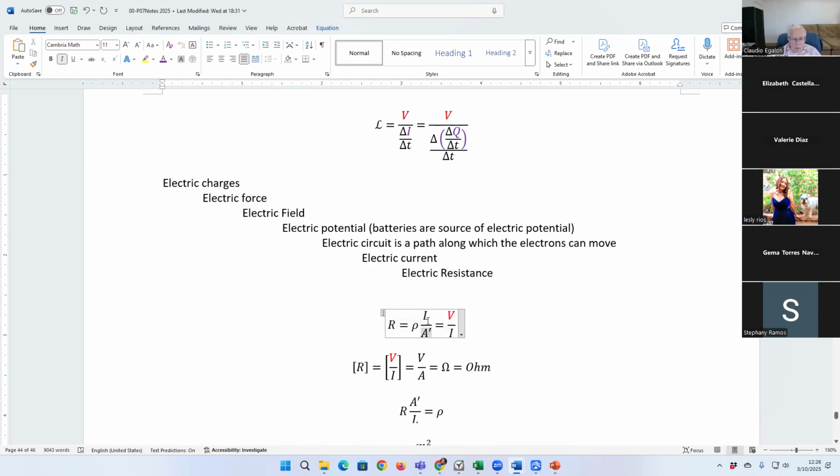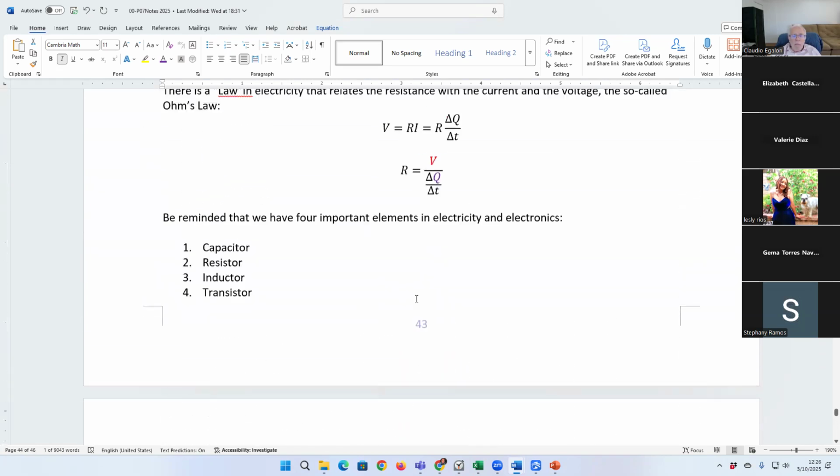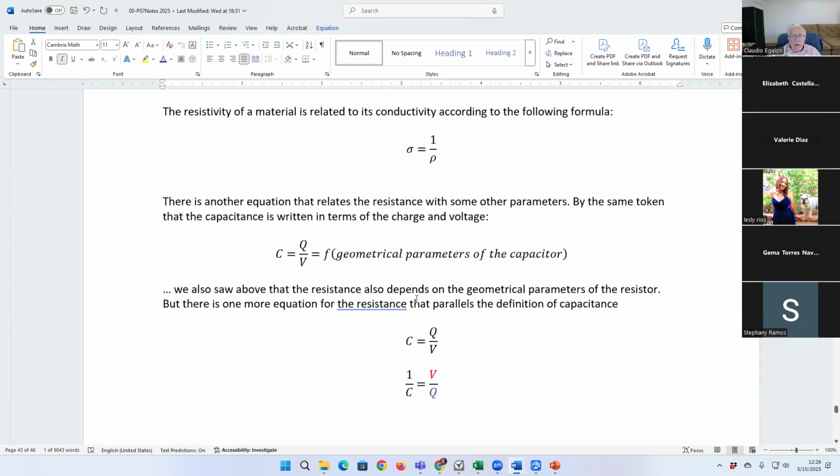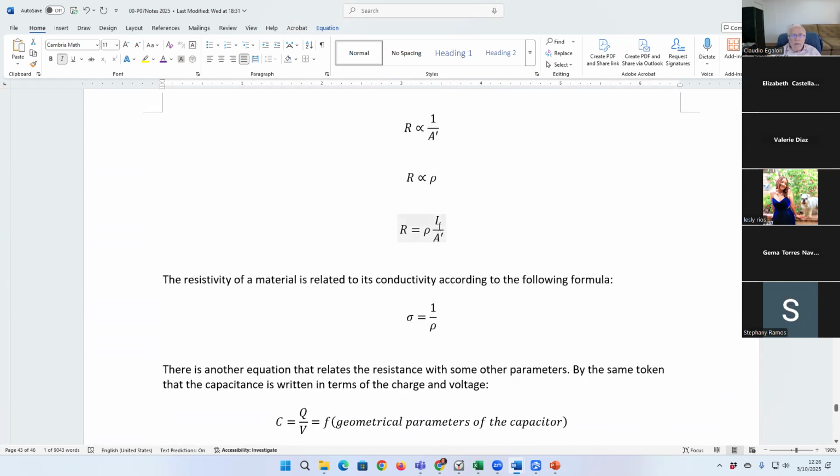Yeah, remember the resistance increases with the length, right? And decreases with the area, right? L over A prime. Did I say that before? I'm quite sure I did that before. Oh yeah, see, I did the same before, right?